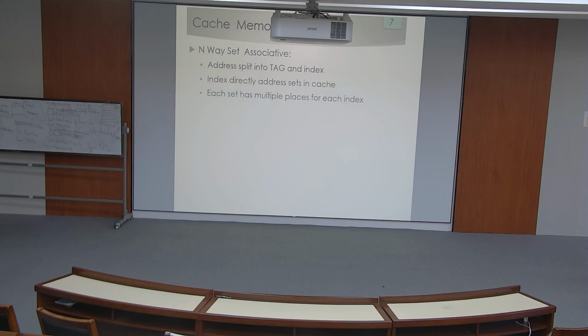Then each set has multiple lines. That means if a block from the main memory needs to be loaded into a specific set, the block has many options to be loaded into any line in that specific cache set.